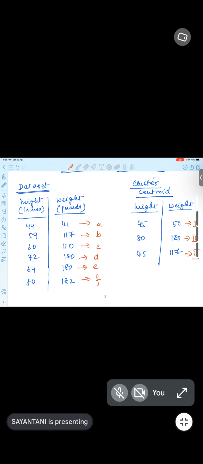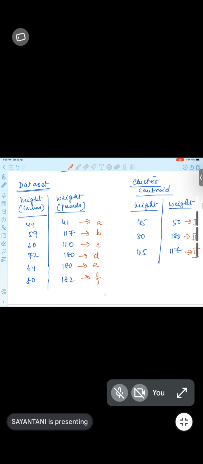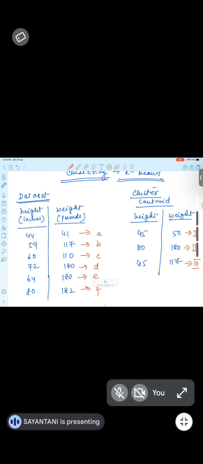Okay. Now, it is also mentioned in the question that for plotting this, height must lie within a range of 40 to 80 inches. And you're going to have 8 intervals for its plot.